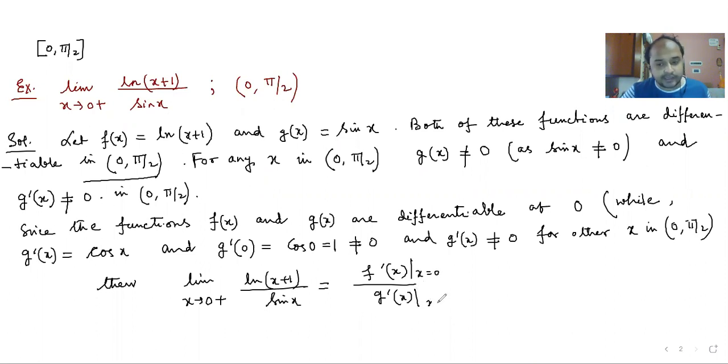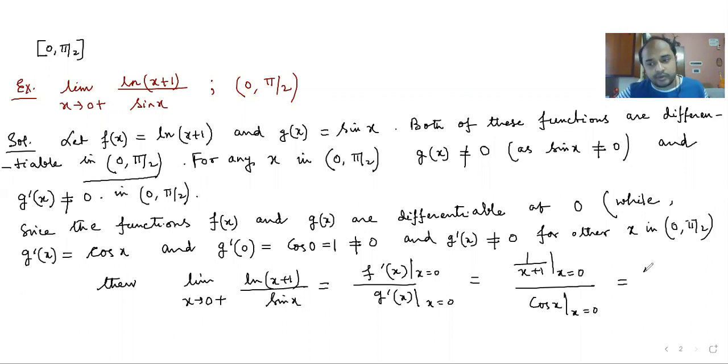That is 1/(x+1) at x equal to 0 over cos x at x equal to 0, which is equal to 1 by 1, that is 1. Actually, we do not do the analysis part in the problem while writing the problem, but you have to keep in mind that the results are important, because if the functions are not differentiable at any point inside the open interval (0, π/2), then this particular result cannot be used. That is the important thing.